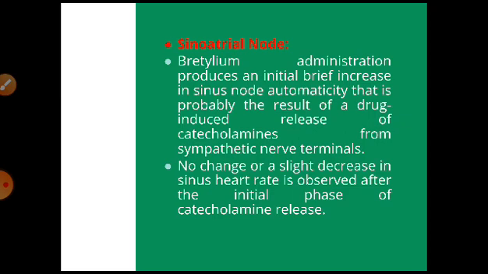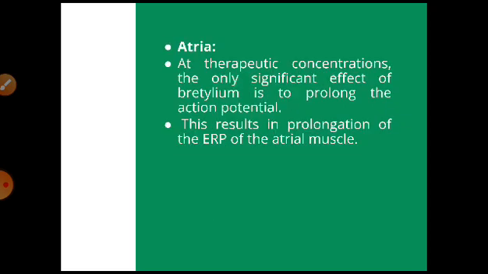On the SA node, bretylium administration produces an initial brief increase in sinus node automaticity, probably the result of a drug-induced release of catecholamines from sympathetic nerve terminals. No change or a slight decrease in sinus heart rate is observed during the initial phase of catecholamine release. Atria: at therapeutic concentrations, the only significant effect of bretylium is to prolong the action potential.